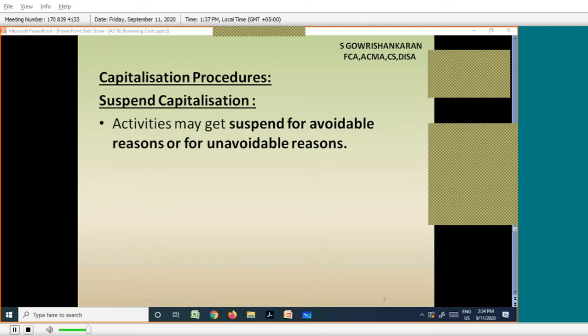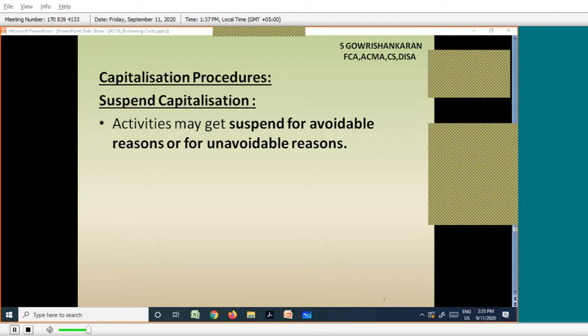Activities may get suspended for an avoidable reason or for an unavoidable reason. So the point is why we are studying this. You can ask me why we are studying, sir. If it is an unavoidable reason, what to do? If it is an avoidable reason, what to do? If you are suspending your project due to an avoidable reason, then you are not eligible for capitalizing the interest.